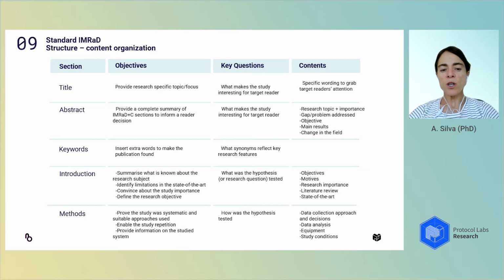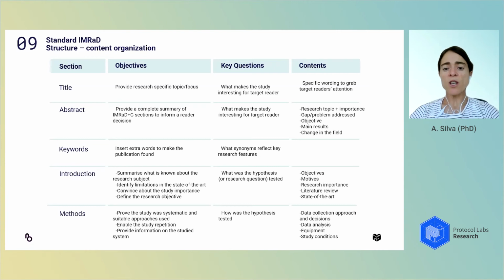The methods is where you provide systematic approaches that validate the study, and the level of detail. The rule is provide the level of detail that enables repeating the experiment or the research exactly the same way. So that's the level you should be going for. And it's normally where you have to provide information on the study system if you're going for a more generalized reader, where you have to give some background knowledge on what we already know of the functioning of the system.